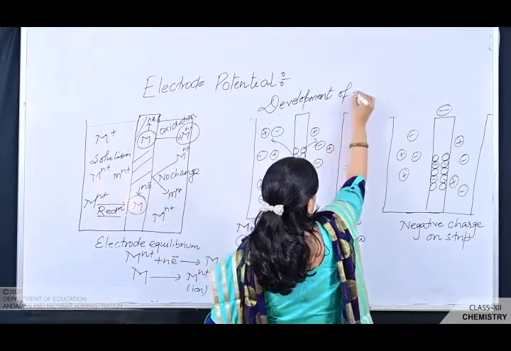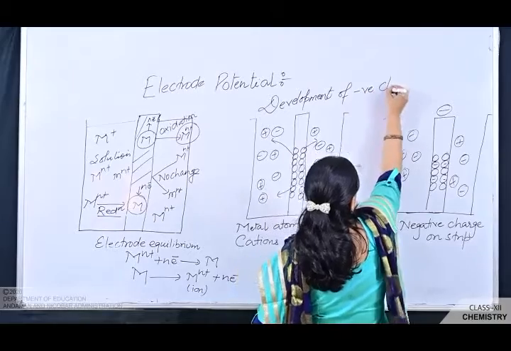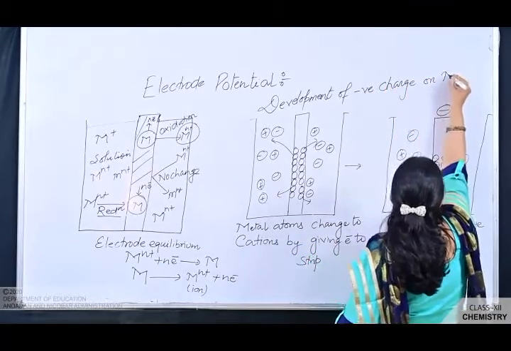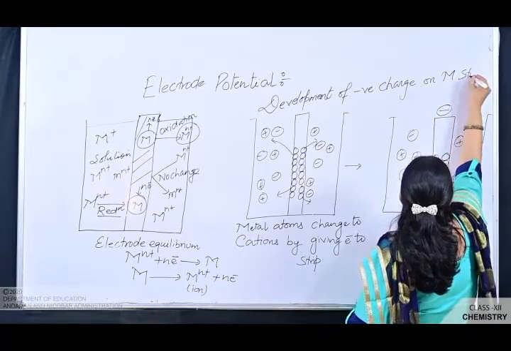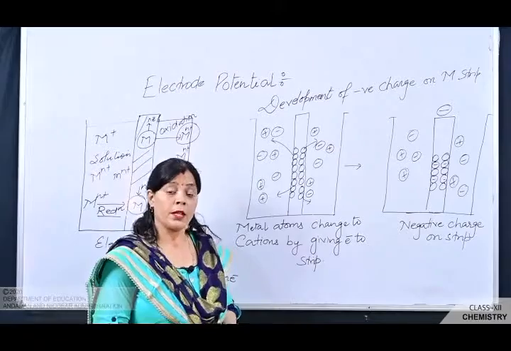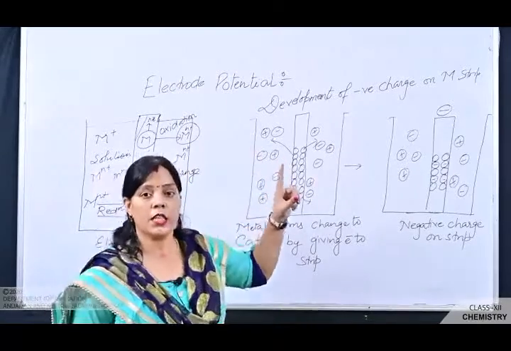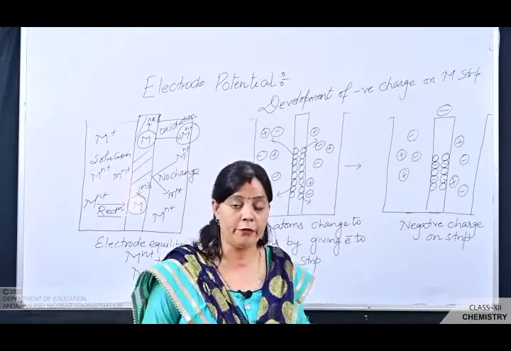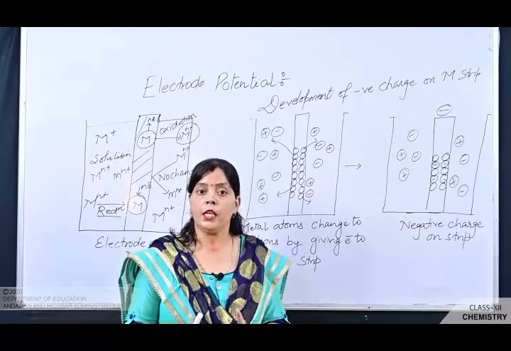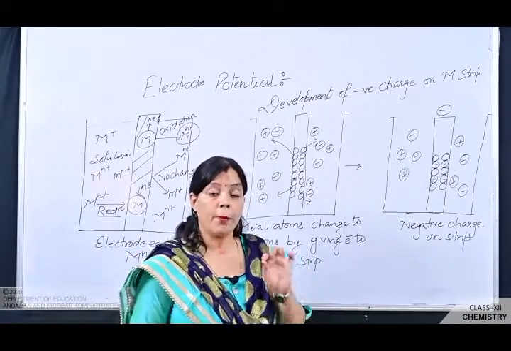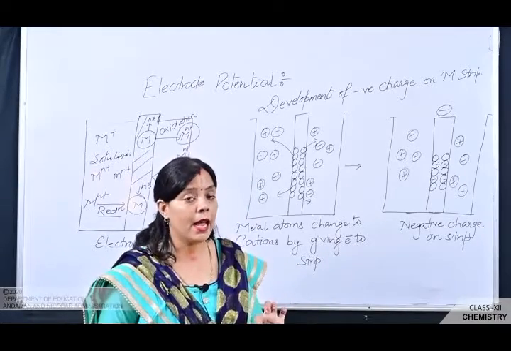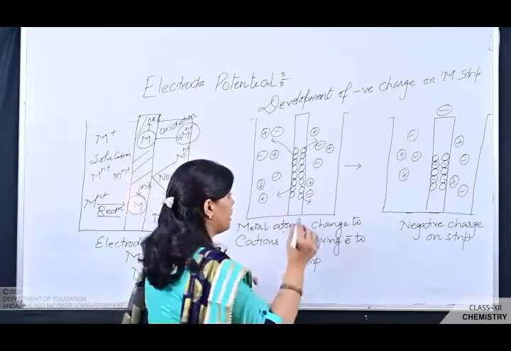We can see that negative charge develops on the metal strip only if the metal has relatively high tendency to get oxidized.